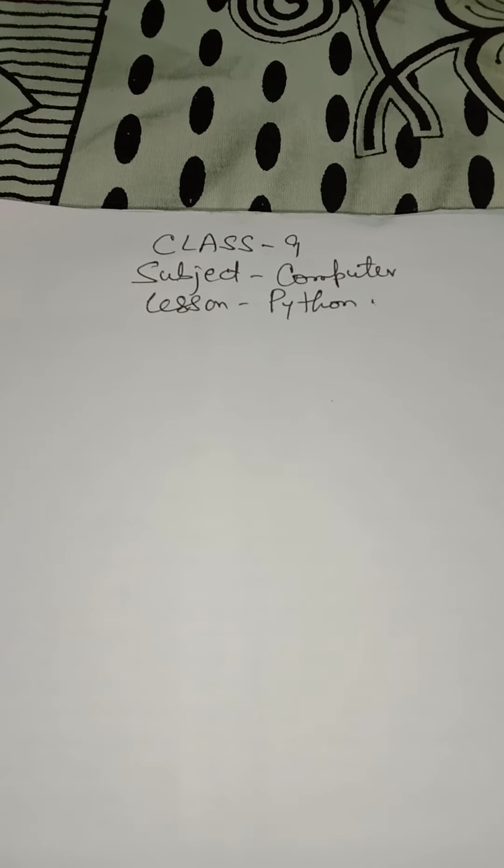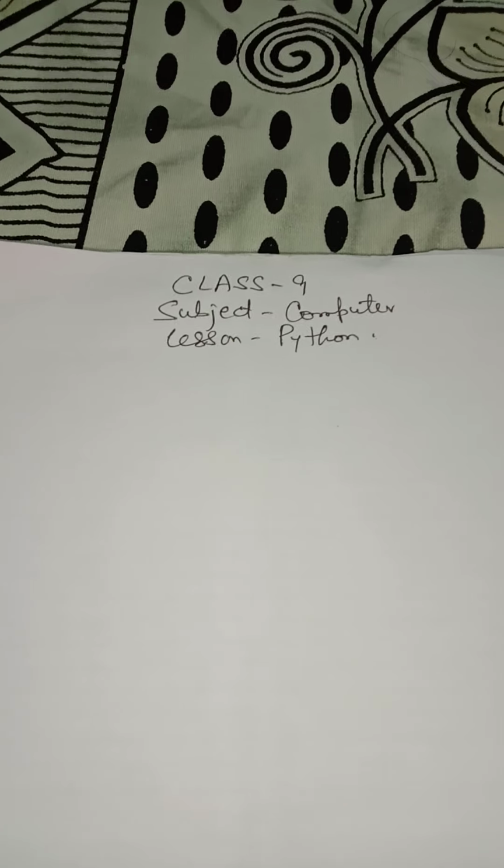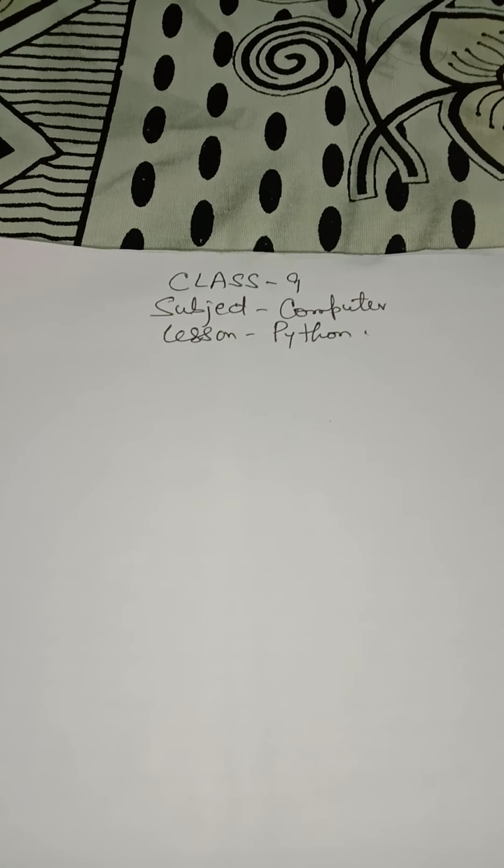In my last few videos I discussed what Python is, who developed Python, what the features of Python are, how to open Python, how to create a simple program, how to save a program and run it. I also discussed variables in Python and the data types.